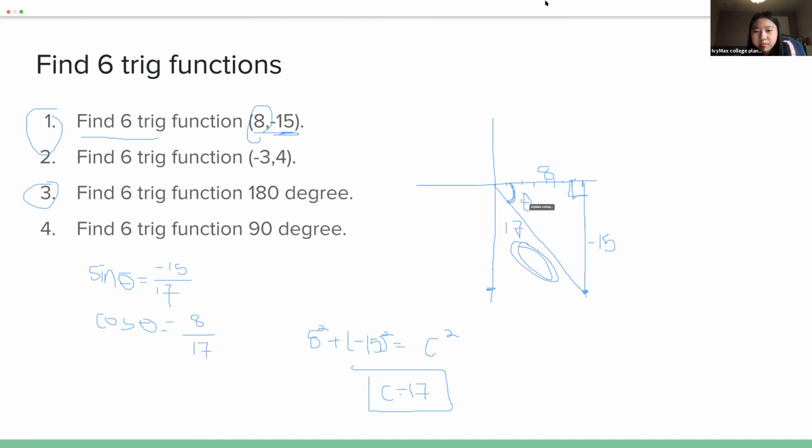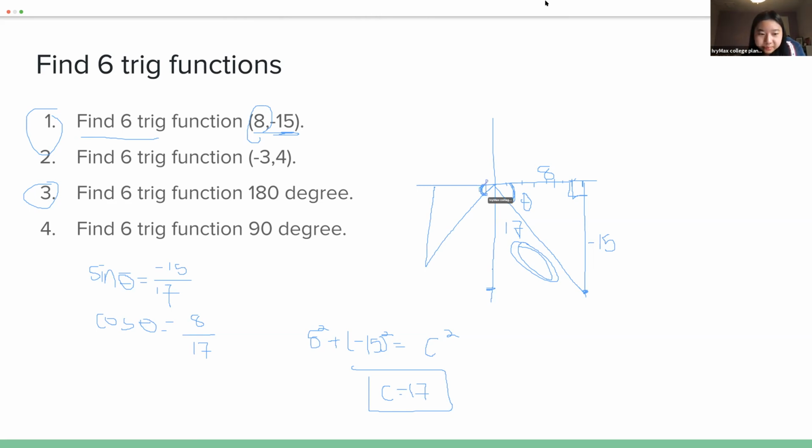If you have a triangle somewhere, you should be finding this one. It's always the angle between the x coordinate and y coordinate.